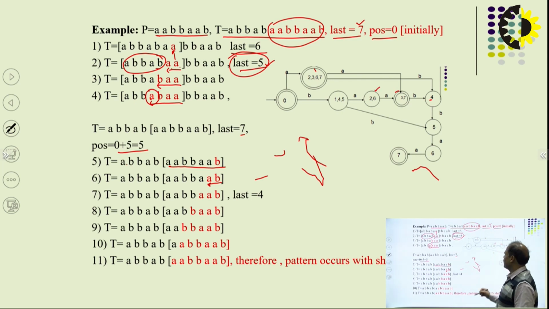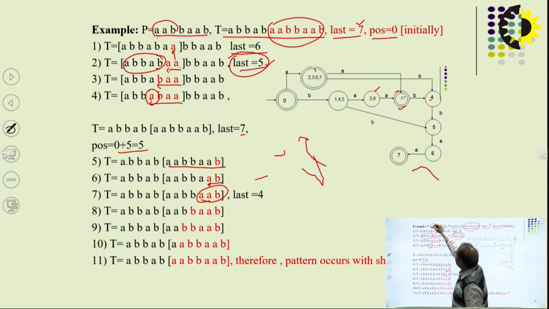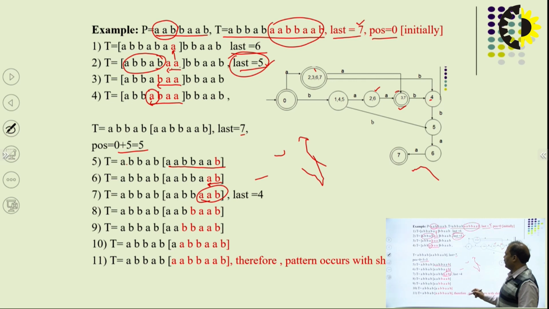You are here, and then BAA, you are reaching the final state. Its meaning is very simple: once you reach some final state, it means this is a prefix of the given pattern. You can see AAB, yes, AAB is a prefix of the given pattern. It's clear. So we have to record the position.